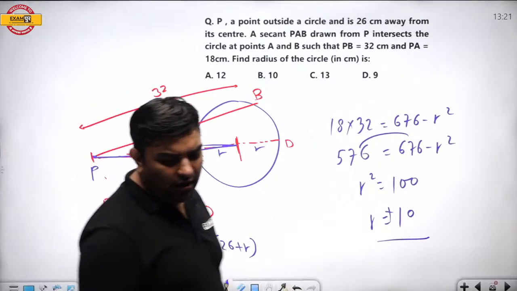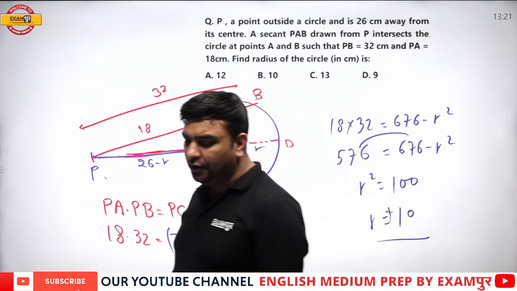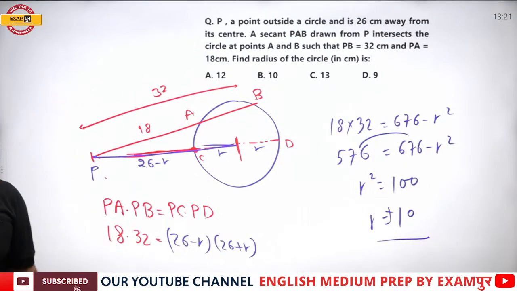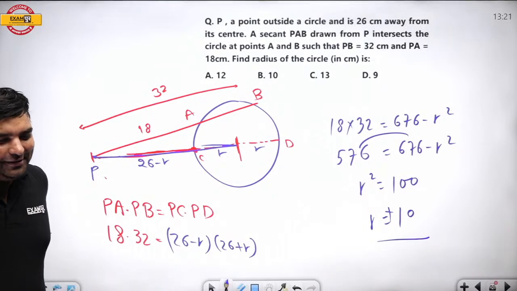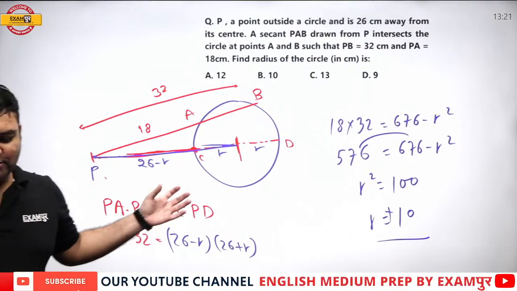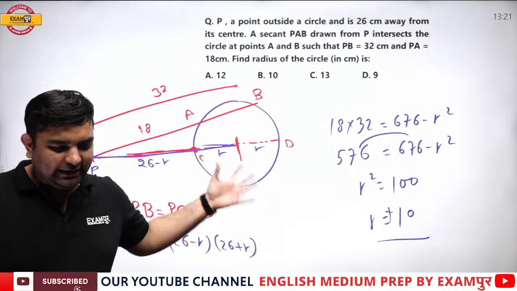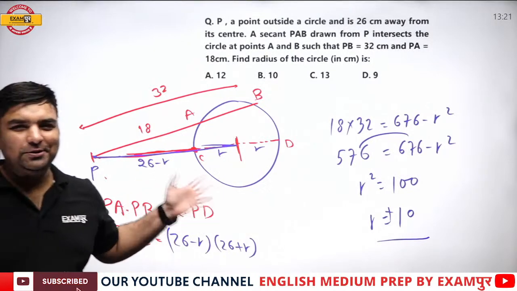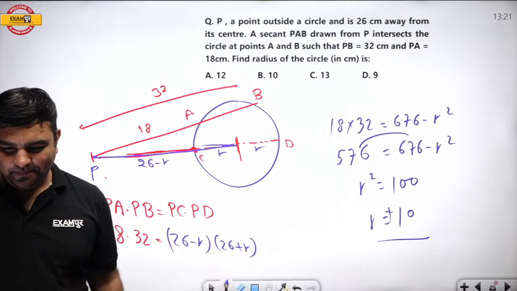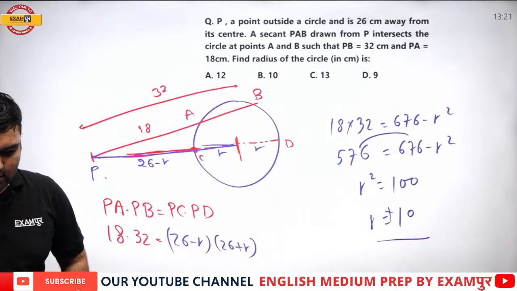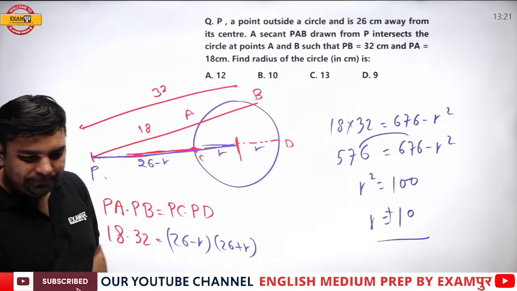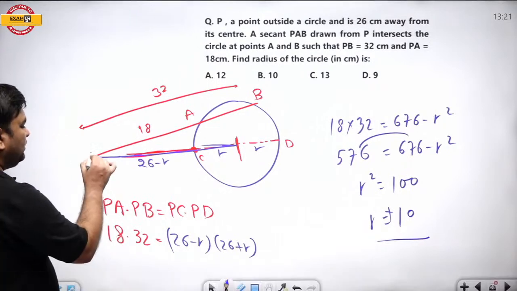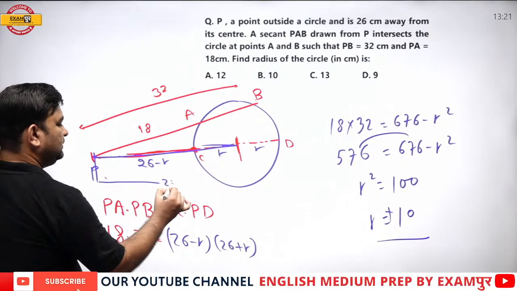Is it clear to all? Do let me know after you have clarity over this concept. It's 100% going to come. Because this total was 26.